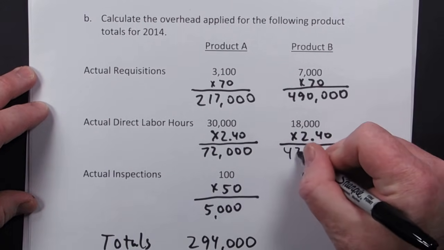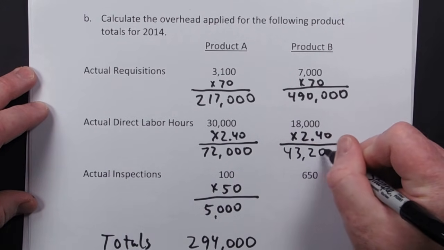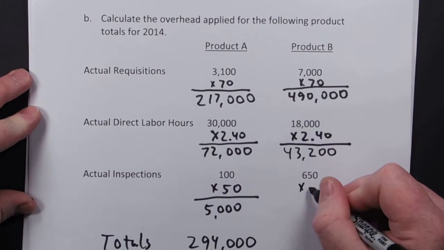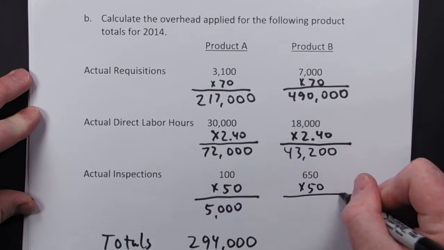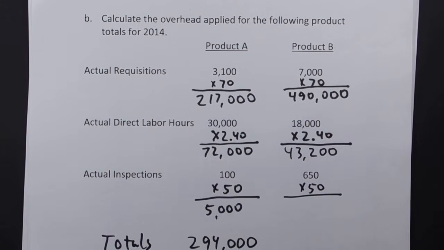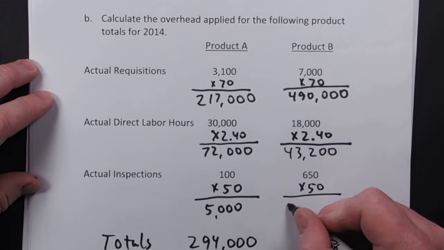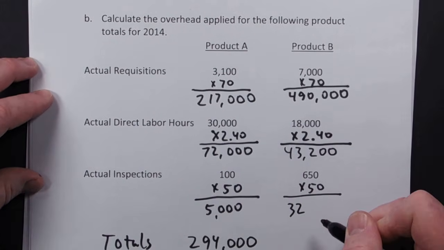The last one, 650 times $50 each, $32,500 applied for the inspections for product B.